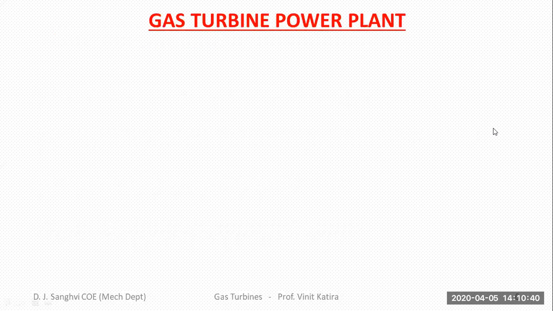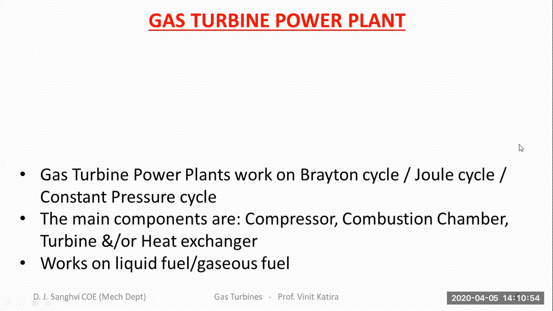So we'll see how a gas turbine power plant is. What is the basic layout? What are the different components of a gas turbine power plant? Gas turbine power plants basically work on the cycle known as the Brayton cycle, or also called the Joule cycle.